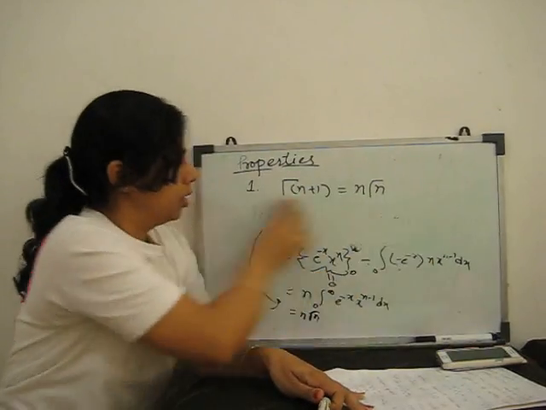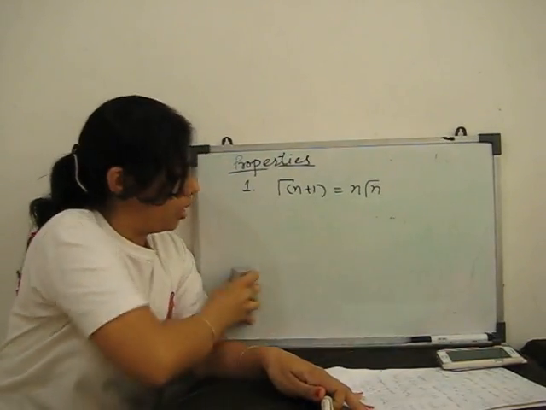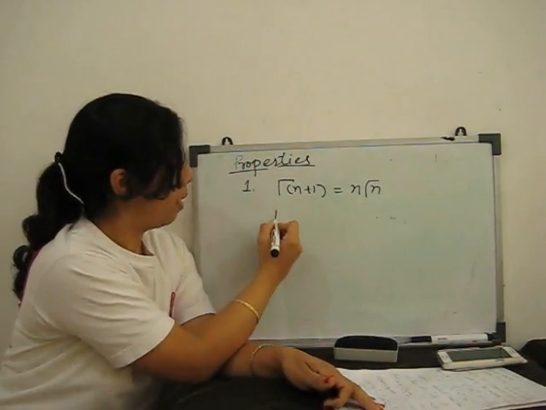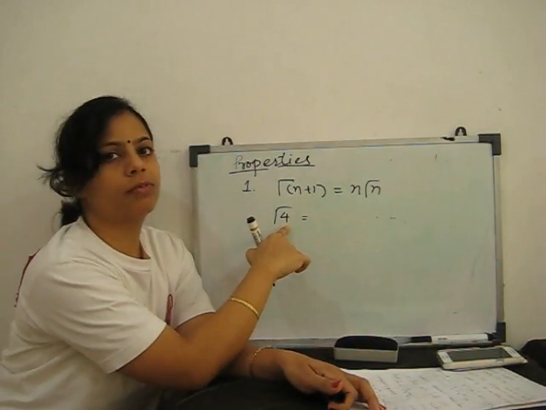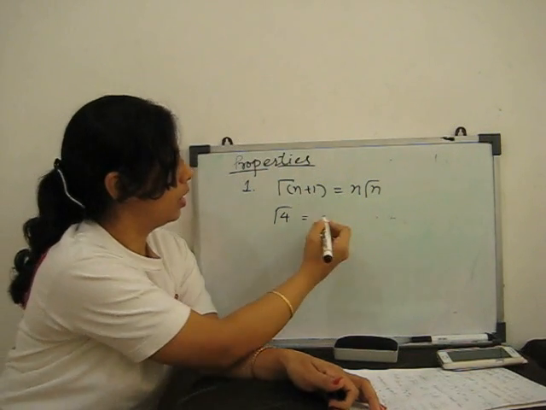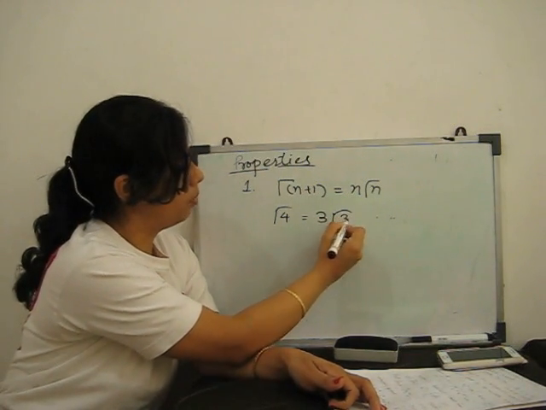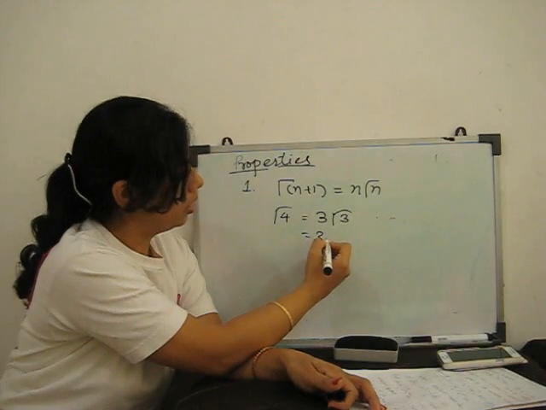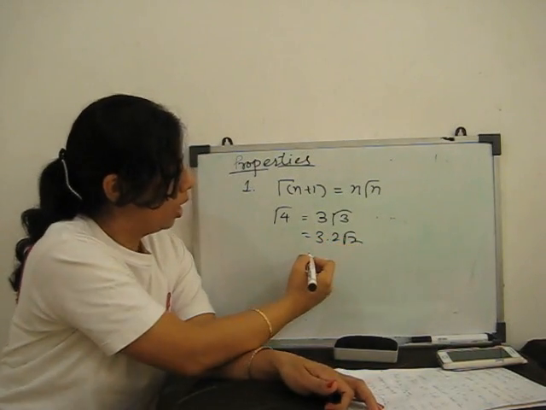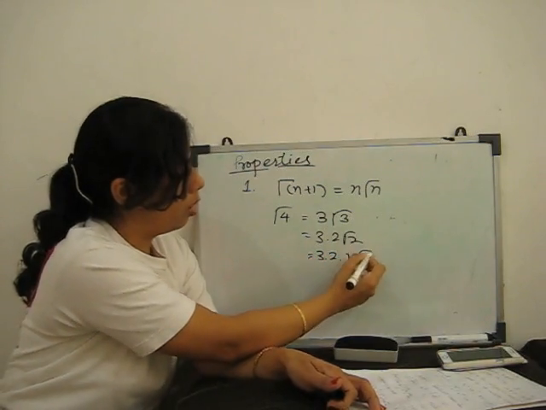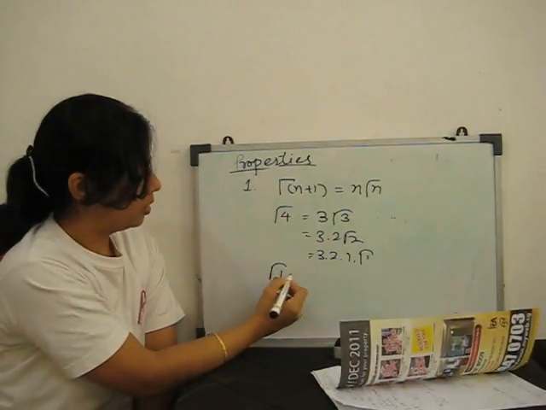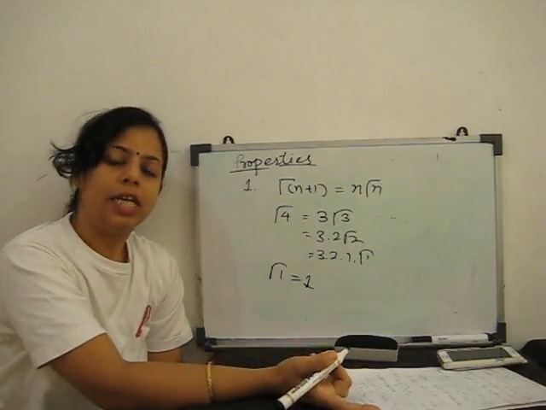It means if I write gamma of 4, which is n plus 1 where n is 3, it equals 3 gamma 3. Again 3 gamma 3 is 3 times 2 gamma of 2, and 2 gamma 2 is 2 times 1 gamma of 1, and you should always remember gamma of 1 equals 1.